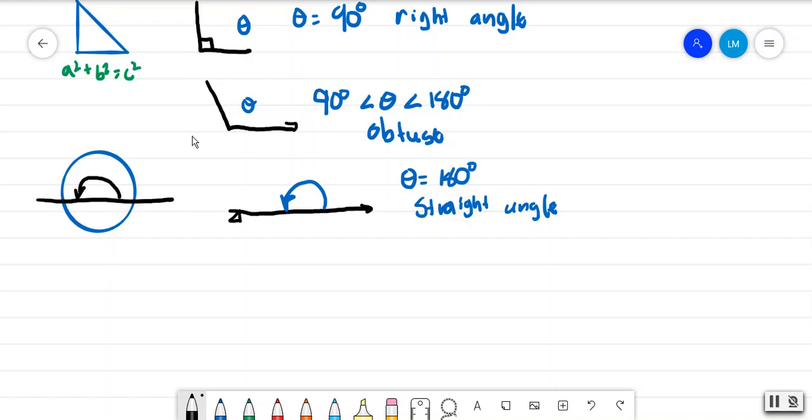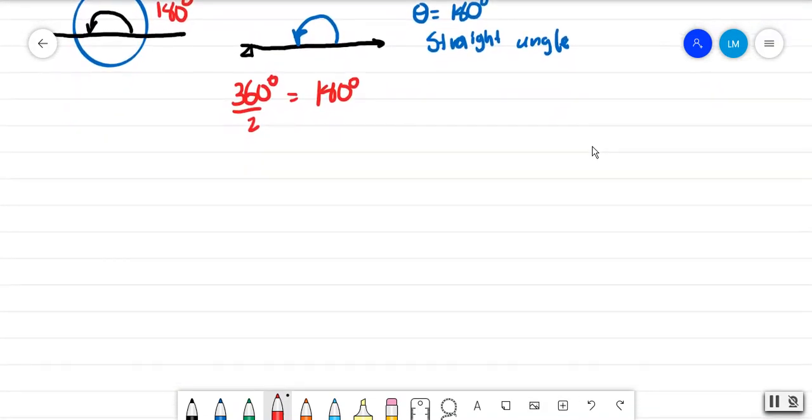When we start talking about the unit circle, this will probably make more sense, but you could also think of it like this. You know that 360 degrees is a full revolution, but this is only half the rotation. So 360 divided by 2 is 180. You can see that this would have to be 180 because it's just half of the rotation.